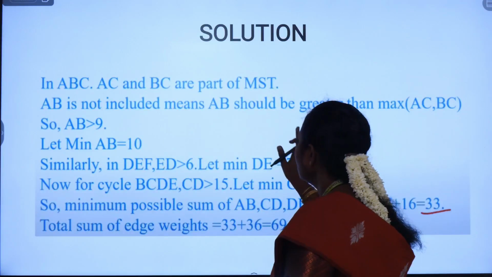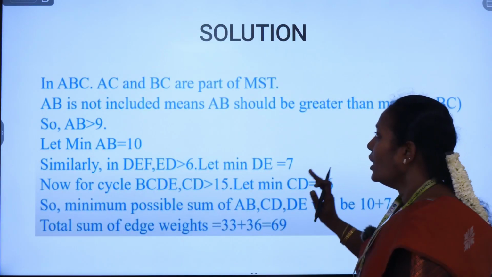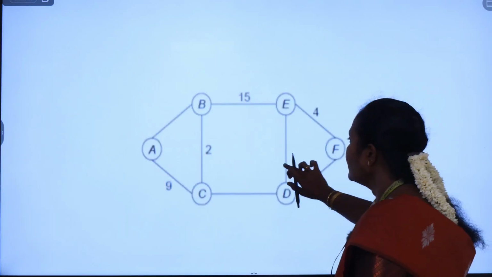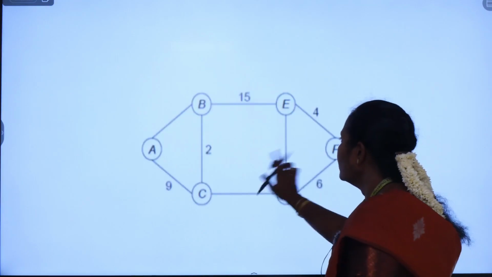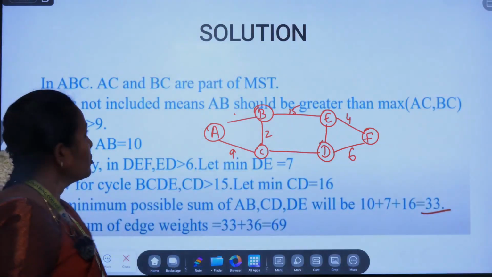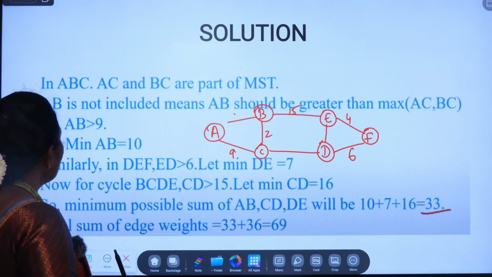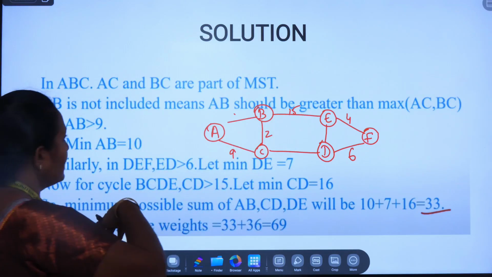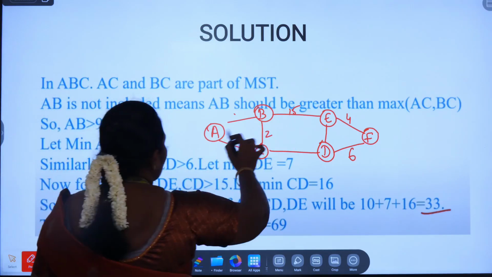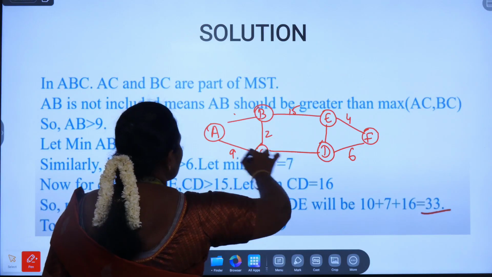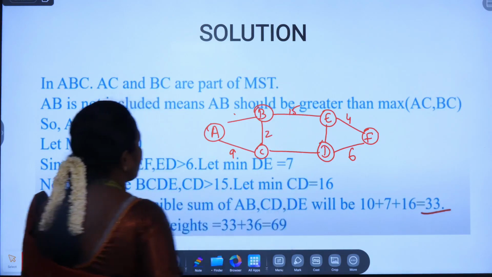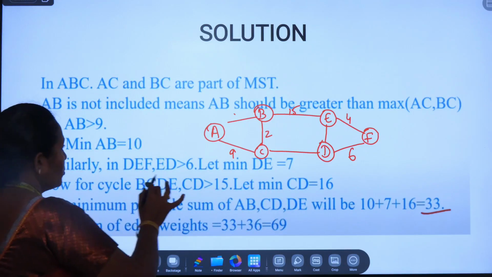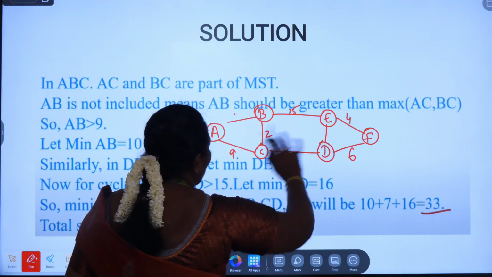We will see how we are going to solve and get the solution for this problem. Now the solution for this problem: this is the graph we have seen in the previous slide. So we have the weights for the edges they have given here. A to B we don't know, C to D we don't know, and E to D.